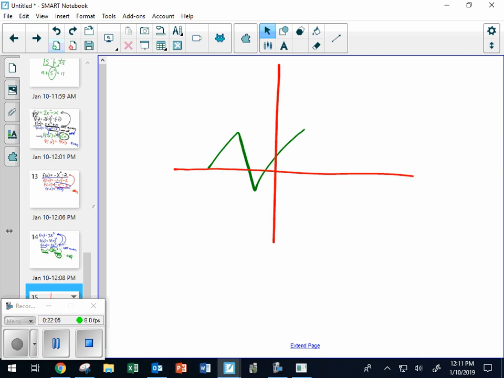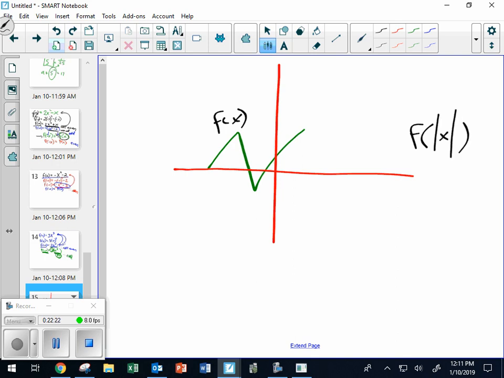You remember that? And what if we do the absolute value on just the x, like the absolute value on the inside? That would be like, hey, if this is f of x, what would f of the absolute value of x be? Again, I'll remind you, if you want to watch that video, I'm going to post that again later today.